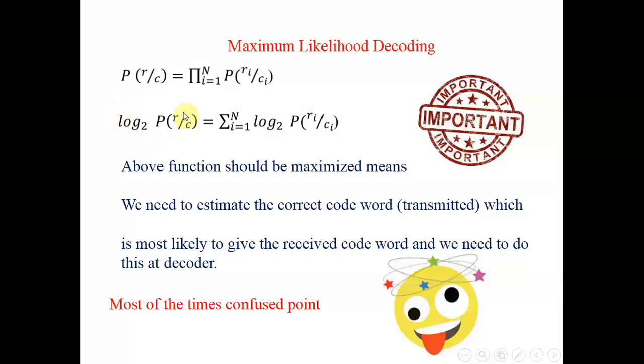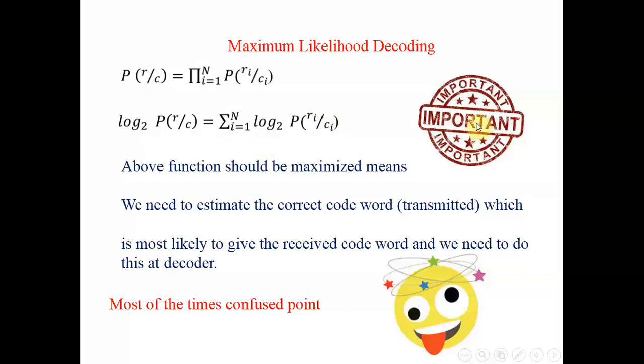If I take log of the left side, the multiplication changes to addition, and then we have summation i goes from 1 to n of log base 2 probability of Ri given Ci. Now this principle is called maximum likelihood. So I need to maximize this function. If you maximize this function, that is the principle of Viterbi decoding.